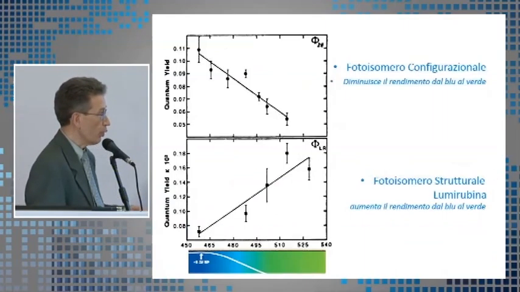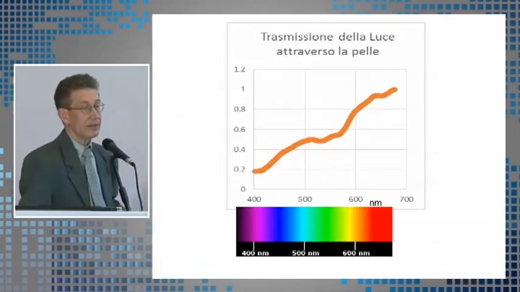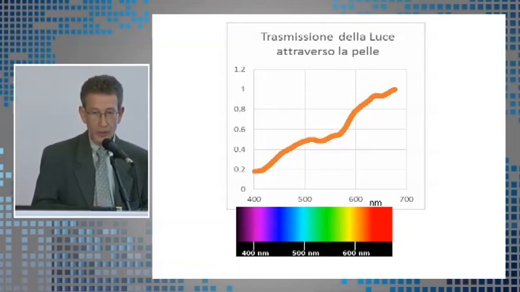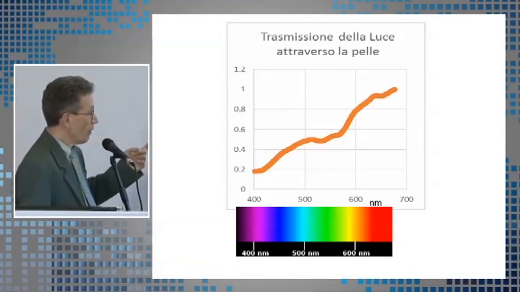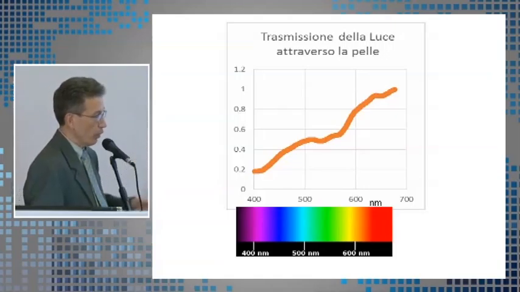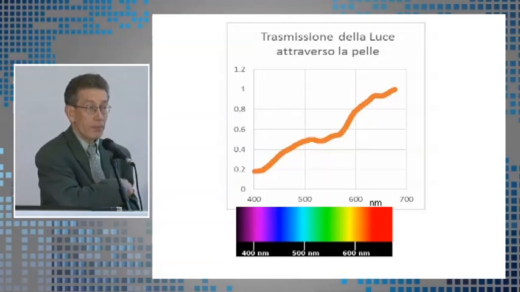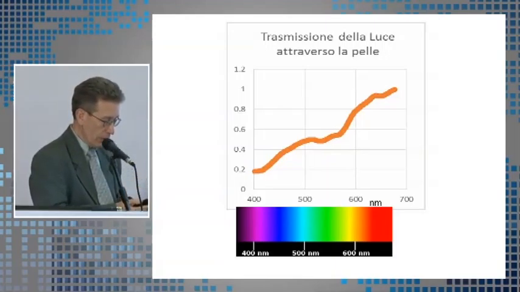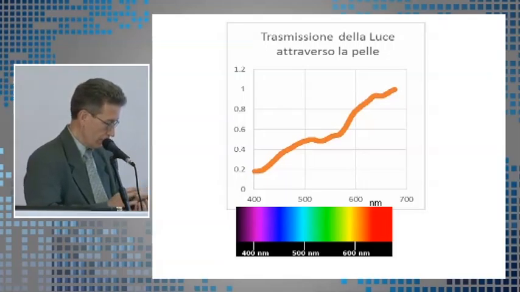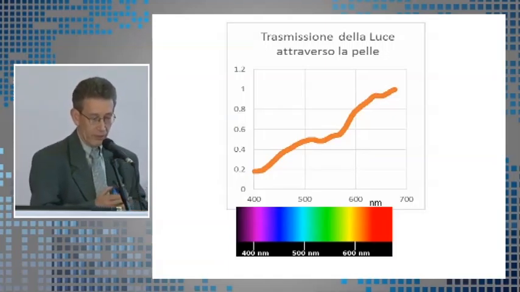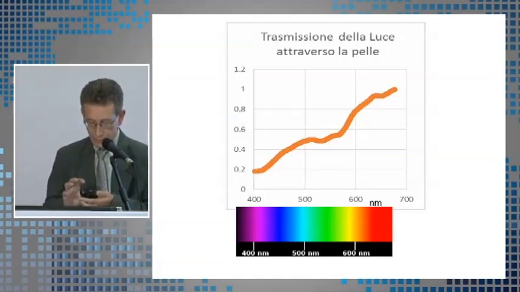So the light should go deep. And we also have to consider light transmission through the skin. We know very well, and we see, that the light penetrates much better in red than in purple. So let's see if I can turn on the torch of my mobile phone.